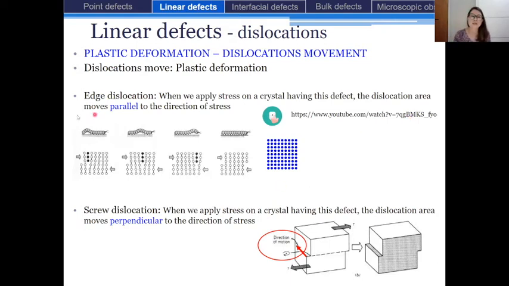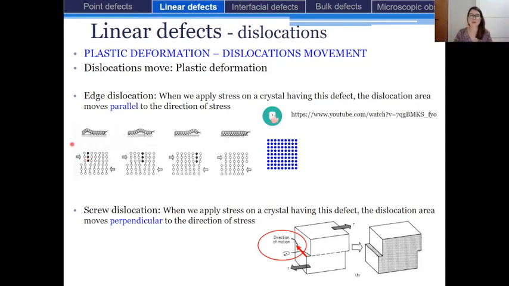So if we have a look at edge dislocation, as it is represented right here, if we apply a force that is vertical, vertically applied to this metal, this edge dislocation will move, it will shift in the crystal, and the dislocation area will move parallel to the direction of the stress.